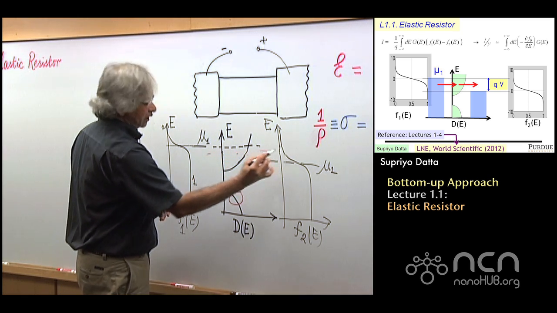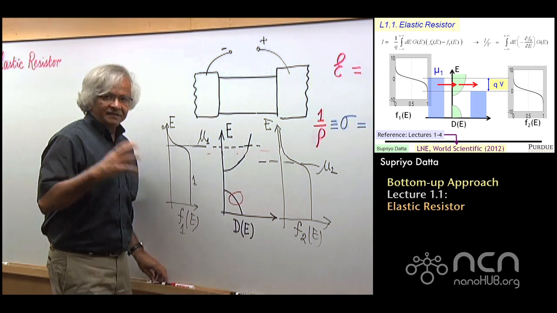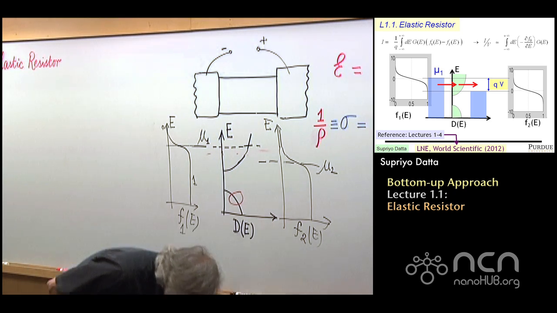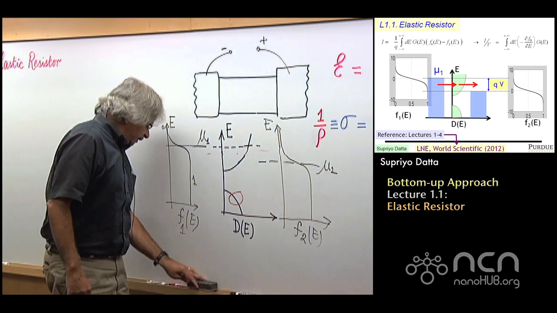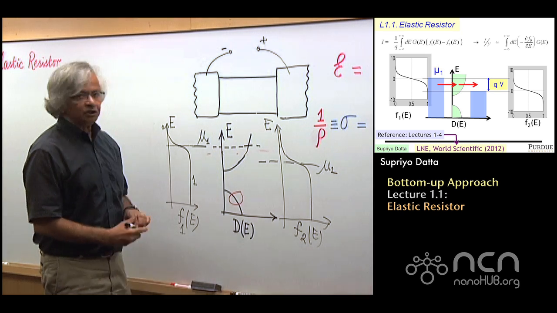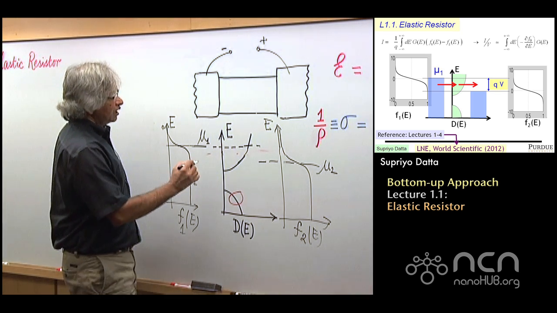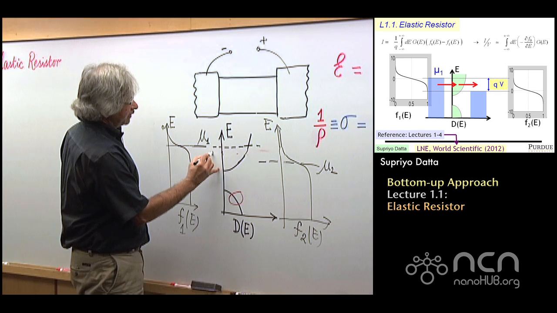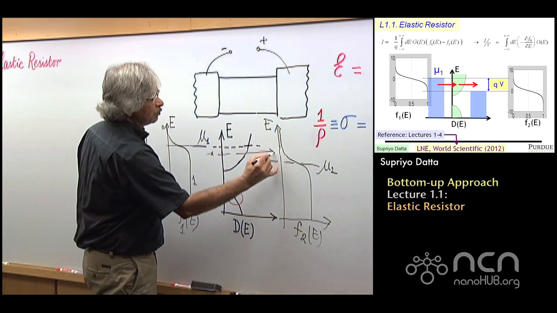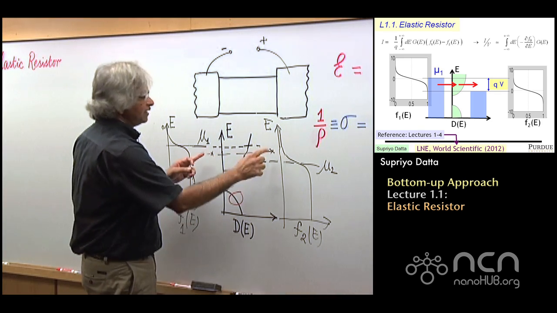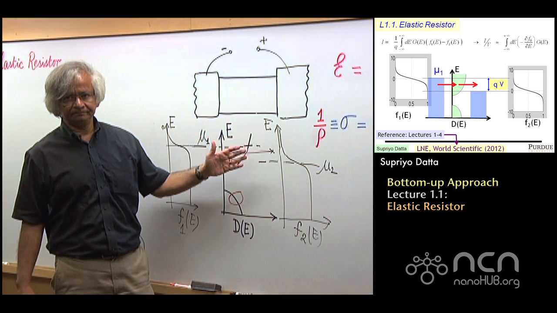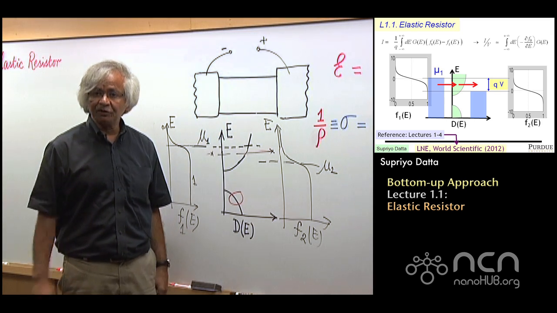See? Now, this idea we can put on a quantitative footing easily if we assume that electrons go from one contact to another without exchanging any energy with the surroundings. Now, that is a very important assumption.